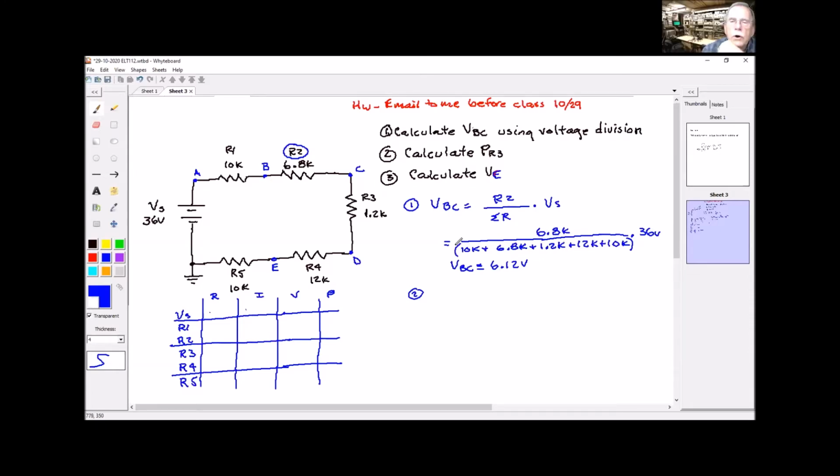If you don't put the parentheses in, remember PEMDAS, it's going to say 6.8 divided by 10. Division takes precedence over addition, so it's going to do this division first and then add and then add and then add and then add and then multiply. So you got to remember order of operations and that the parentheses are important in the denominator.